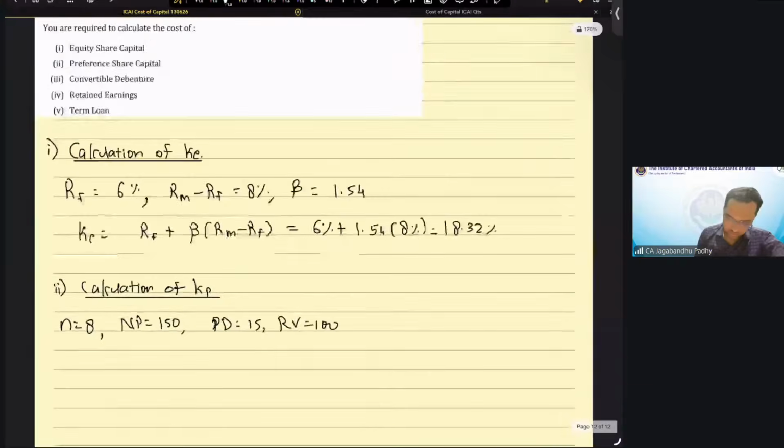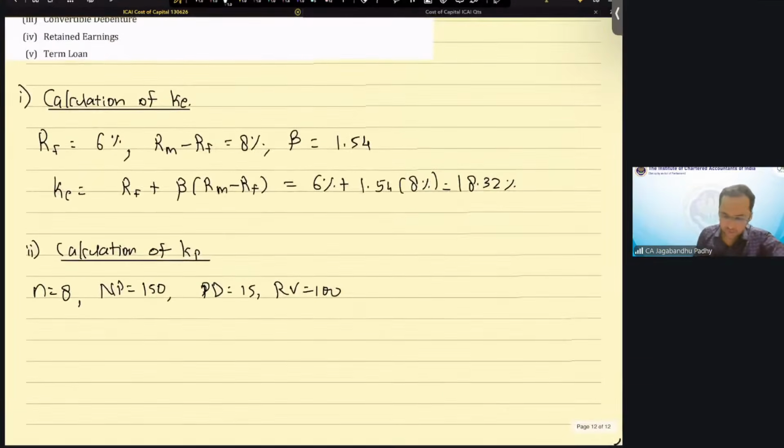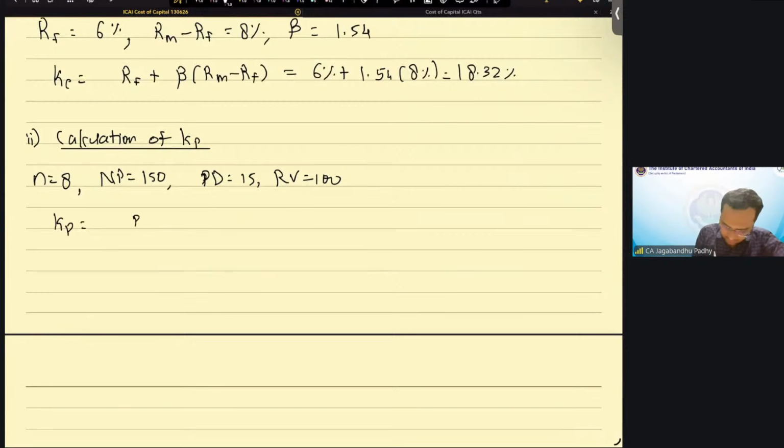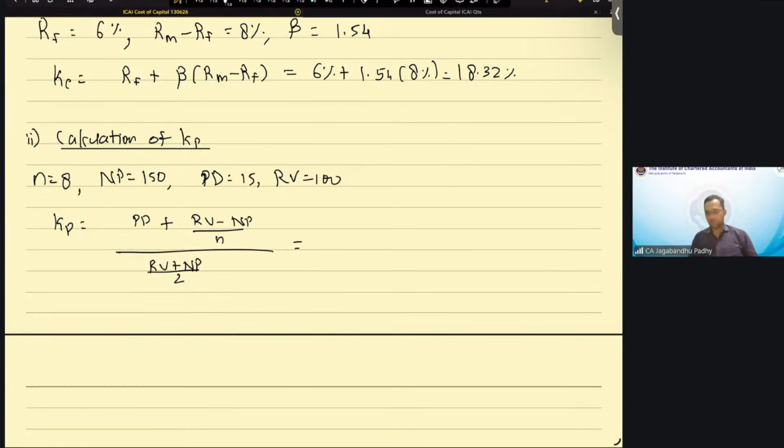We can calculate the cost of preference share by using the simple formula. Cost of preference share is preference dividend plus redemption value minus net proceeds upon N, the whole divided by redemption value plus net proceeds by 2. So just substitute in this and get the cost of preference share.